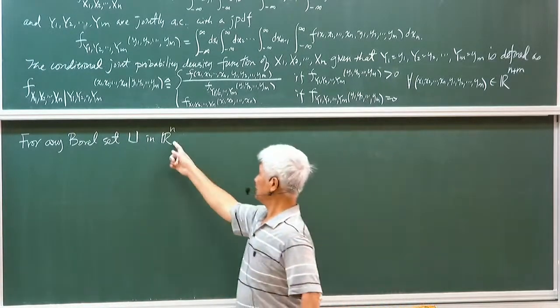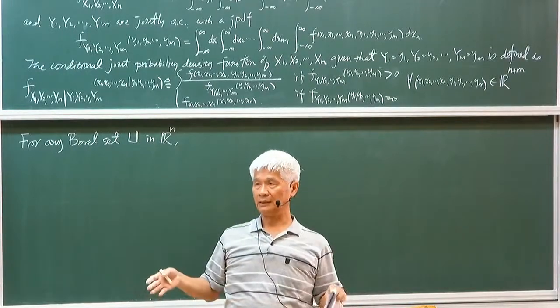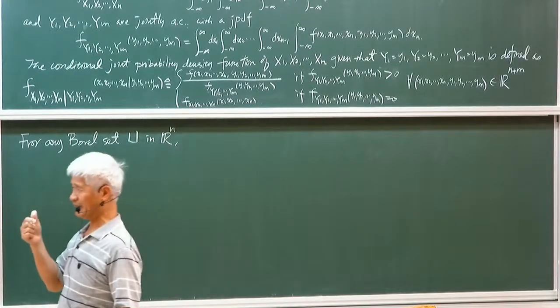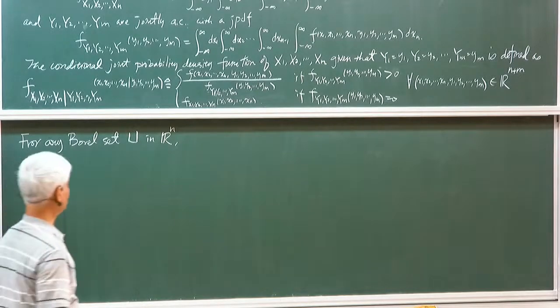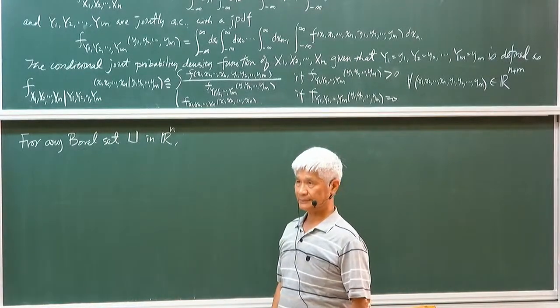We use the n cells, and we can do complement, countably many intersection, and union, these kinds of set operations, to obtain any Borel set.